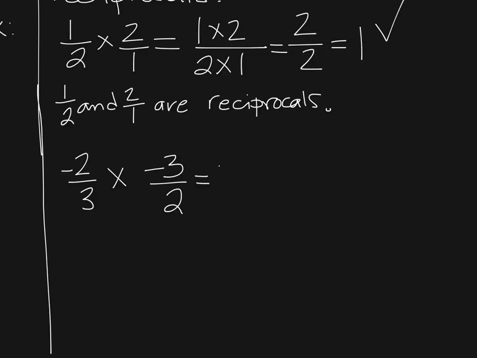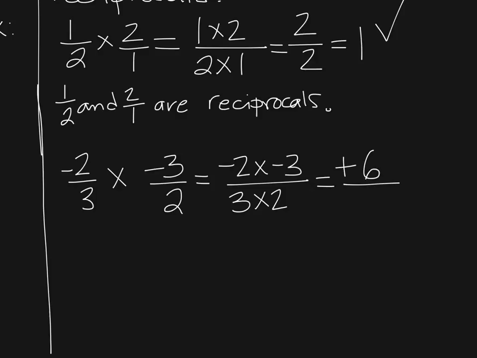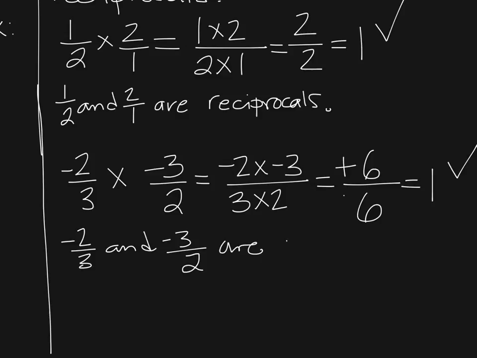So the numerators are negative 2 times negative 3, and the denominators are 3 times 2. A negative times a negative is positive. 2 times 3 is 6. The denominator is 3 times 2, and that's 6. 6 goes into 6 one time. So negative 2/3 and negative 3/2 are reciprocals.